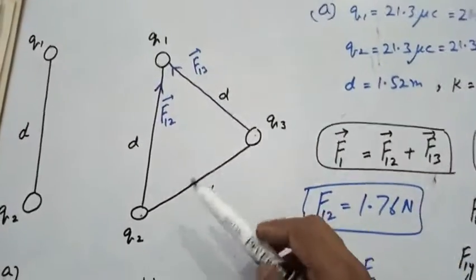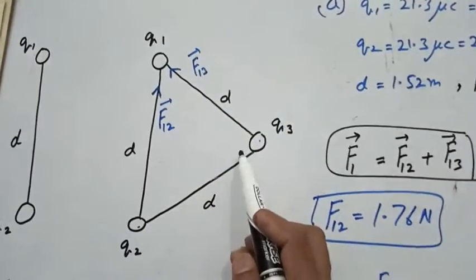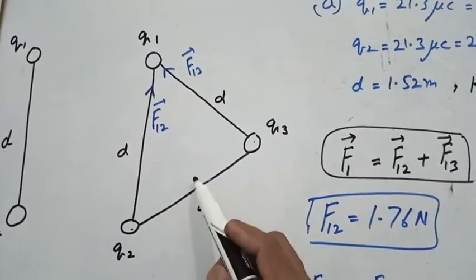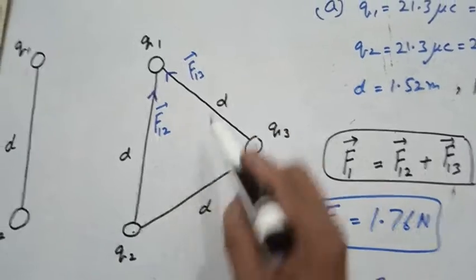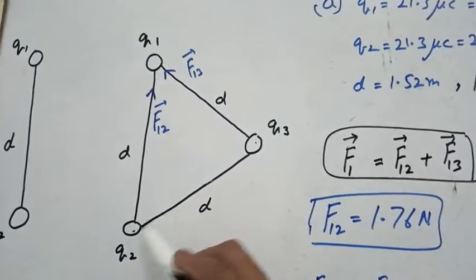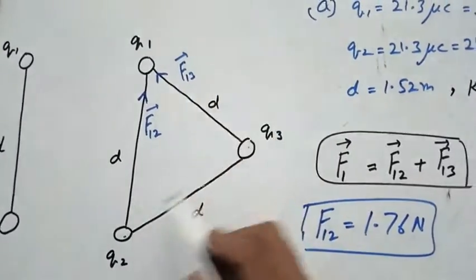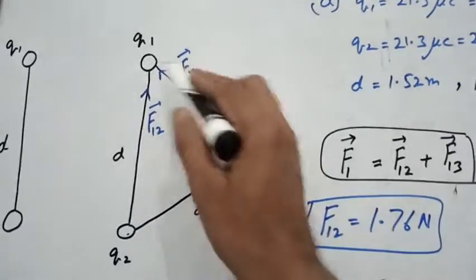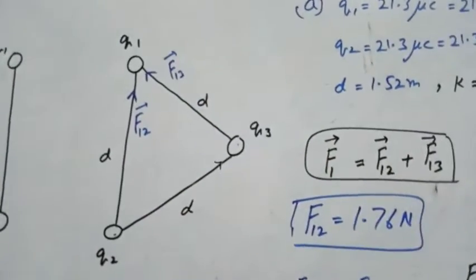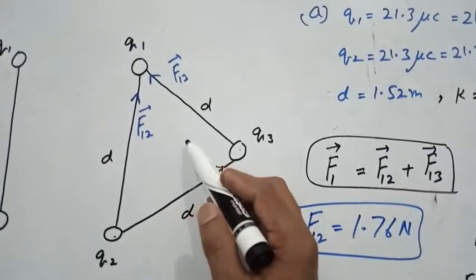Now one more thing: as these three particles are at equal distance from each other, the vectors joining these charges make an equilateral triangle.